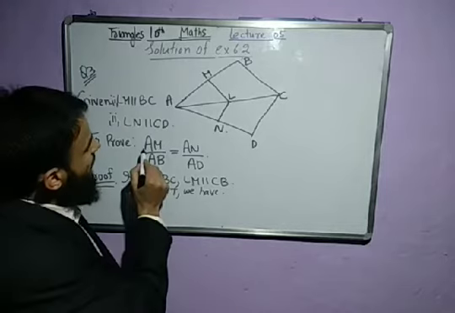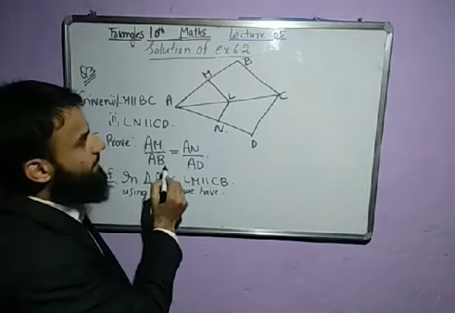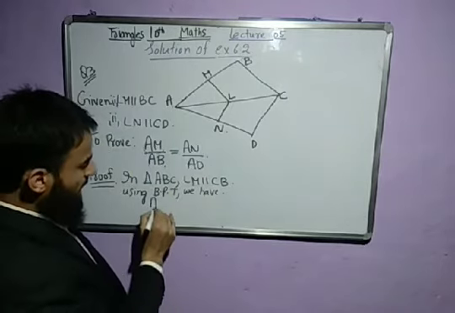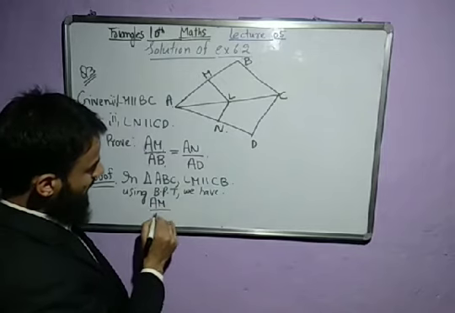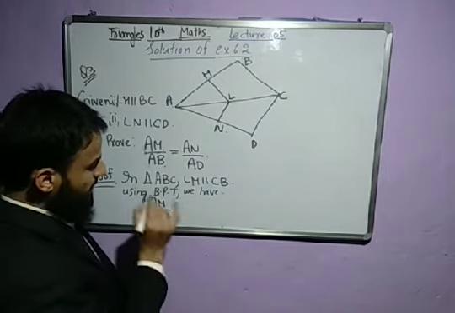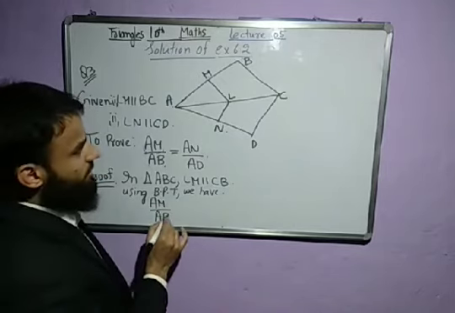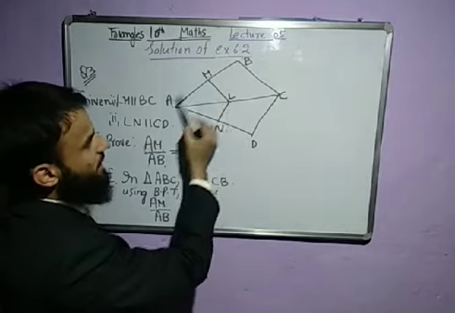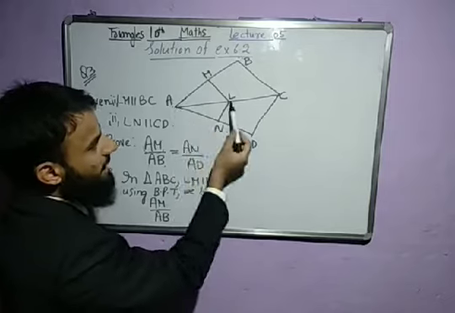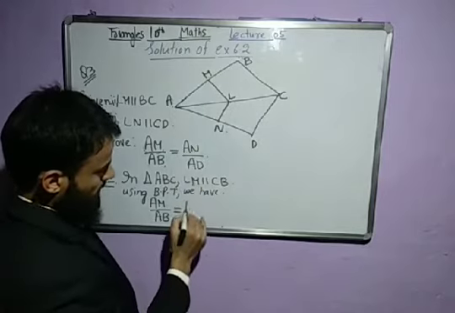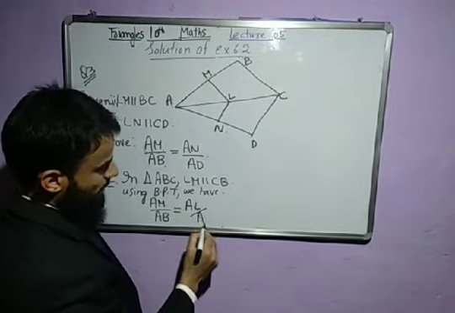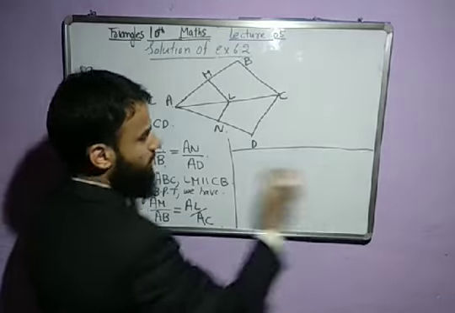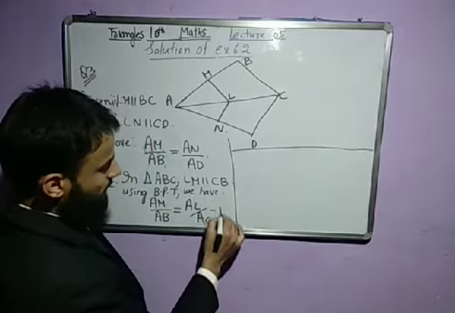Now since we are required to find AM by AB, here we'll also take the same ratio, AM by AB, so that it will be helpful for us. If we apply the basic proportionality theorem here, AM by AB will be equal to AL by AC. Keep it equation 1.